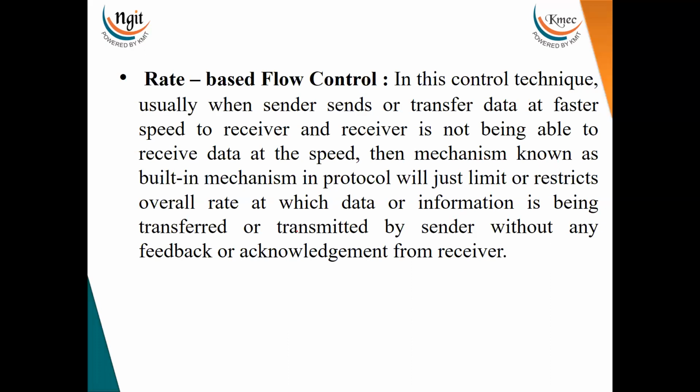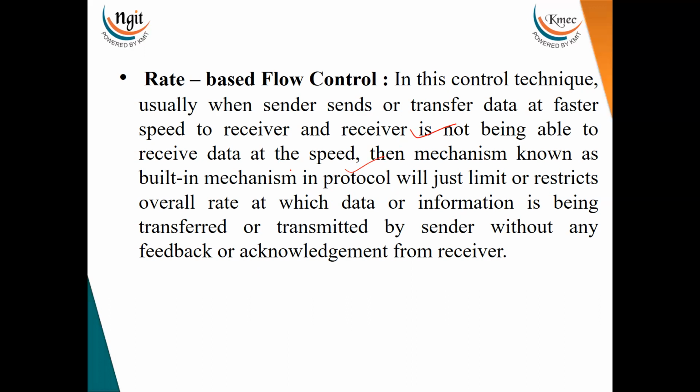That means, here rate-based flow control means what? For example, if the sender is transmitting data at more and more speed, but at that time the receiver is unable to accept the data, unable to catch the speed, then the mechanism is going to be applied.